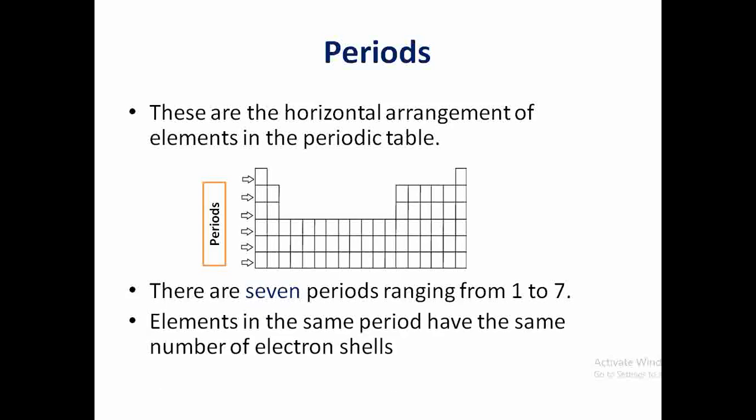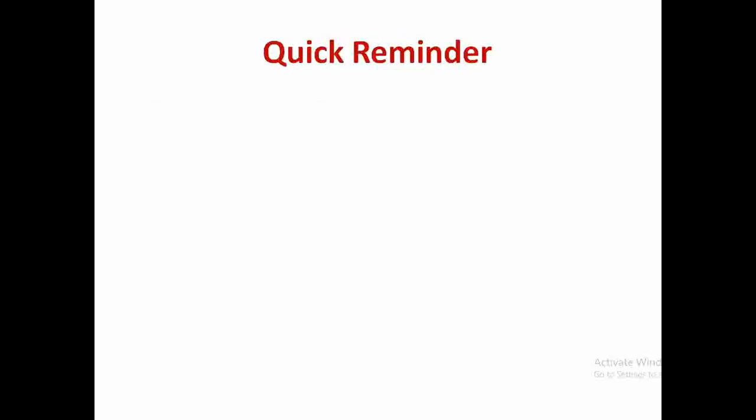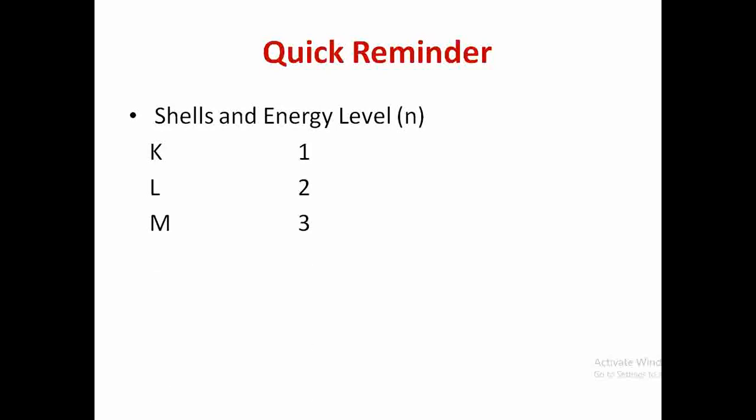Elements in the same period have the same number of electron shells. Here is a quick reminder about shells and energy levels. K shell has energy level 1, L shell 2, M shell 3, N shell 4. Can you remember? Right. We can continue.